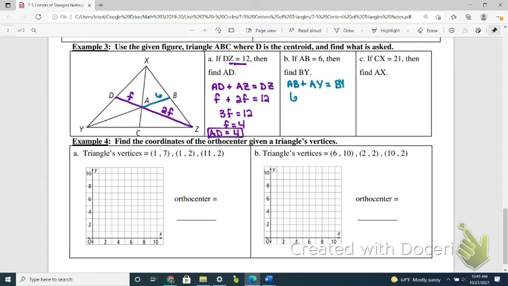I know AB is 6. If AB is 6, then the longer part of that is 2 times 6, which is 12. So AY is 12 and BY is 18.